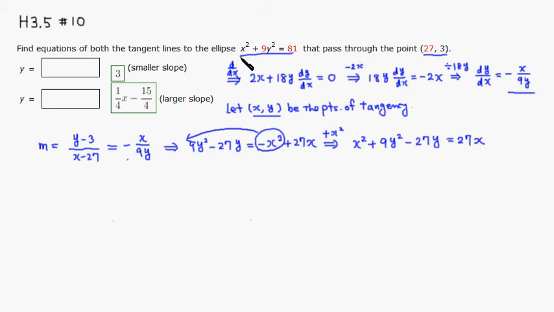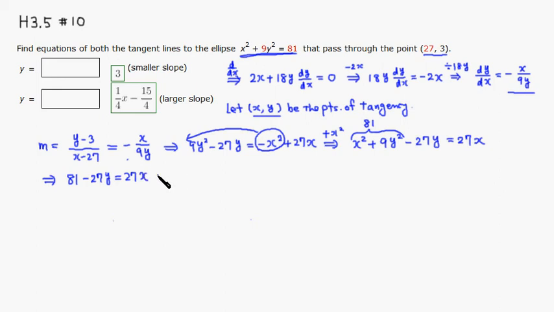Notice that (x, y) is a point of tangency, so it has to be on this ellipse right here. So you see that x squared plus 9y squared has to be 81. These two terms are exactly equal to 81. So you will have 81 minus 27y is equal to 27x.